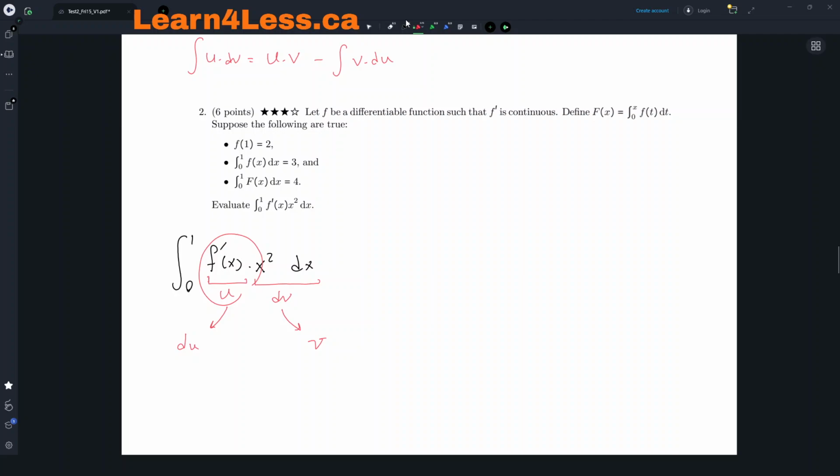So when you take the integral, that prime somehow disappears. So it's better to just say that this is u, and this part together with this part is our dv.